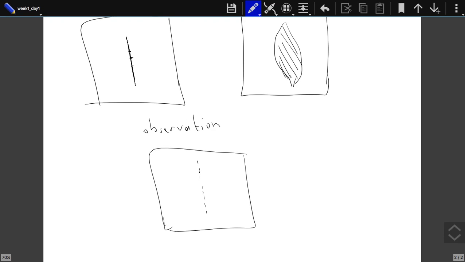So this was without the magnetic field. The observation was this. I will probably bring the paper in the break. So it's just, they still have kind of a thickness.